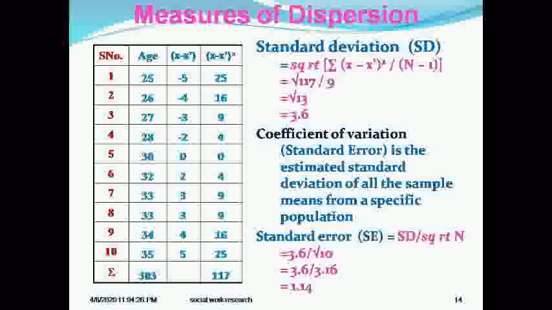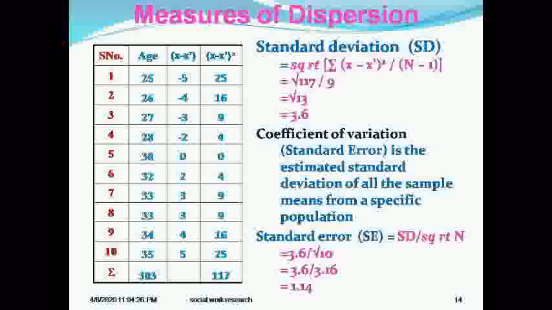In this case, 30 minus 7.2 means 22.5, 30 plus 7.2, that is 37.5. You see 100% of the observations are within the range of 2 standard deviation. Now, what is coefficient of variation?